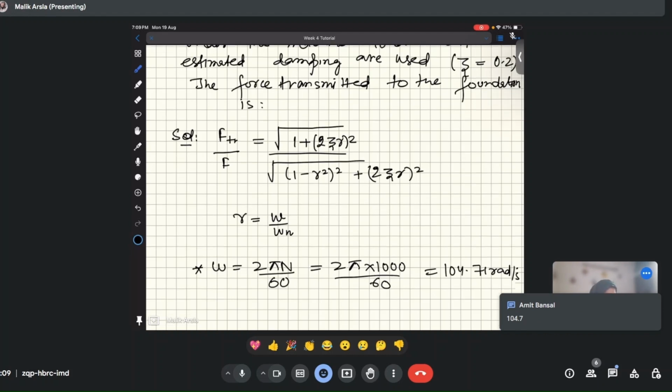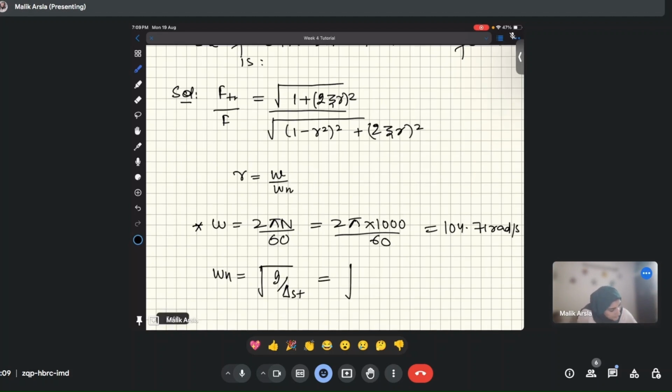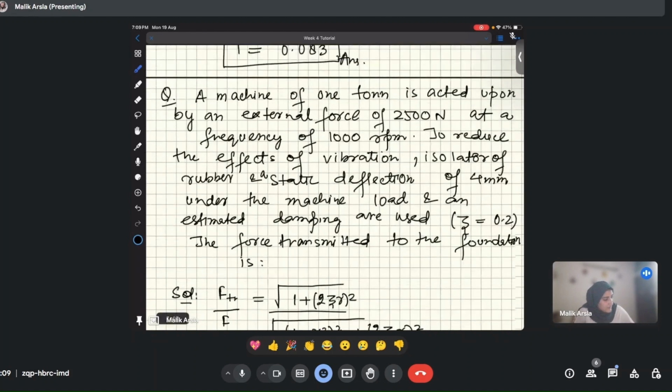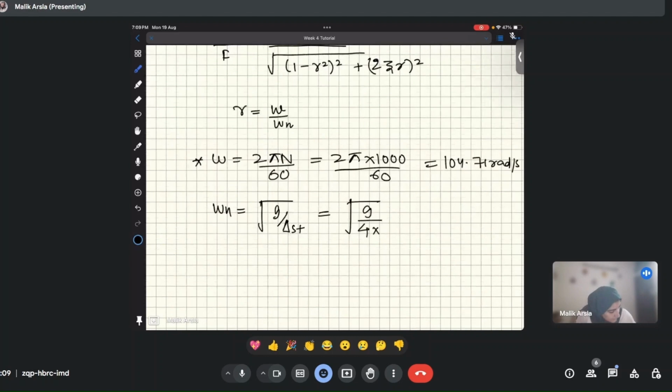Now for omega n, we can simply write, as we have derived earlier, omega n equal to root of g upon delta st, that is the static deflection. Static deflection is given as 4 mm, so it will be 4 into 10 to the power minus 3. When you calculate this, it comes out to be 49.5 radians per second.